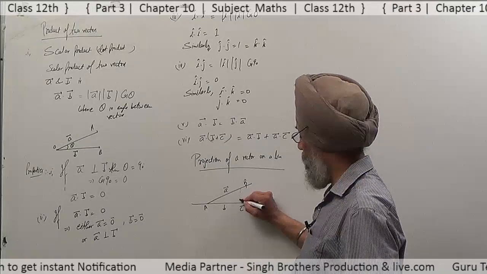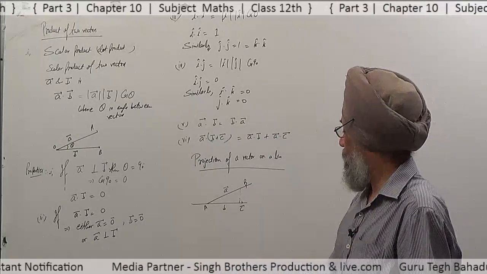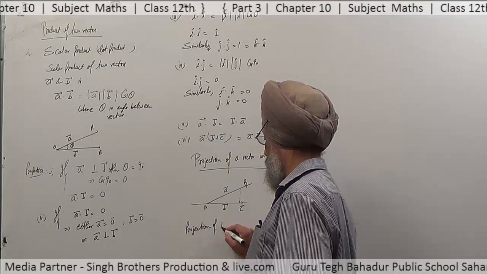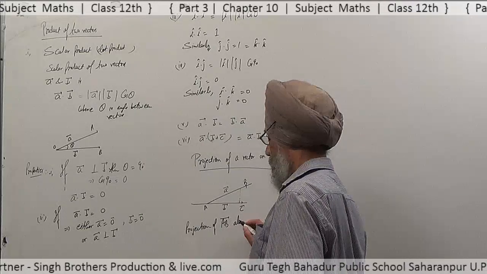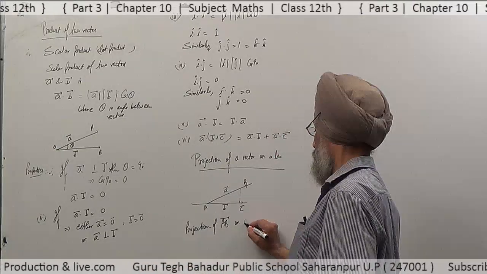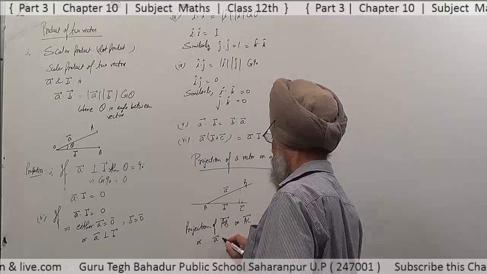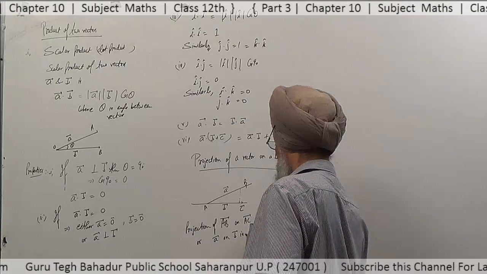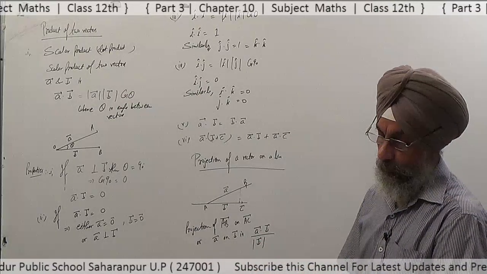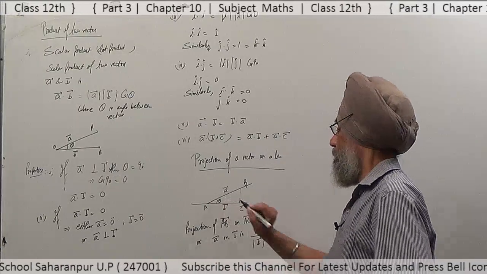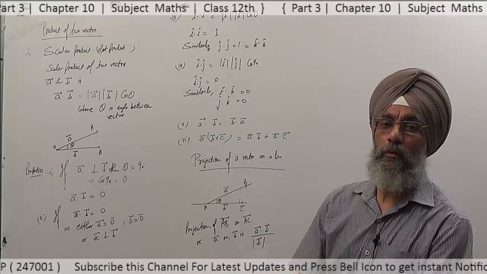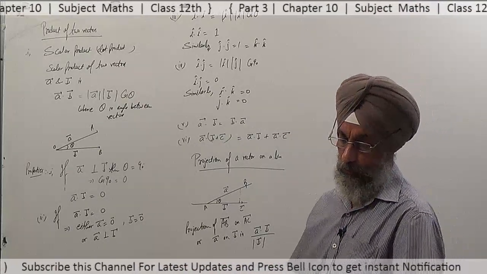If we draw a perpendicular from AB on AC, then the projection of vector AB on line AC, or you can say of vector A on B, is given by A dot B upon the magnitude of B. Whenever we have to find the projection, theta being the angle between them, the projection of vector A on B, or AB on AC, is given by vector A dot vector B upon the magnitude of vector B. Clear?